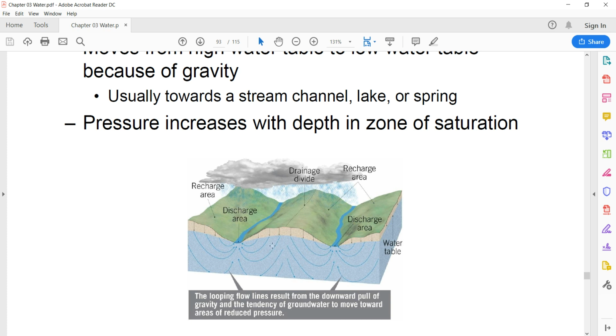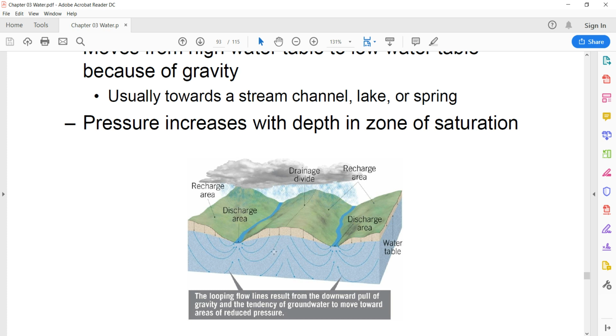It is pulled downwards, but it has a higher potential here compared to the surface stream. So the water which is at higher elevation has higher potential, and the water which is at lower elevation will have lower potential, and it is a natural law of nature that water flows from higher potential to lower potential. In other words, you can say the water flows from higher ground to lower ground.